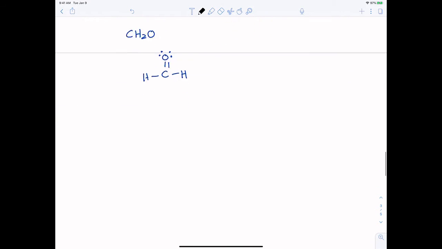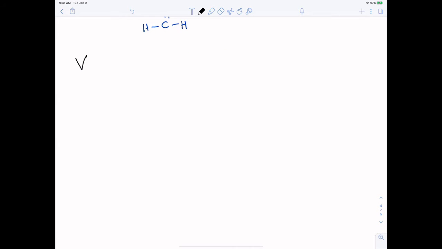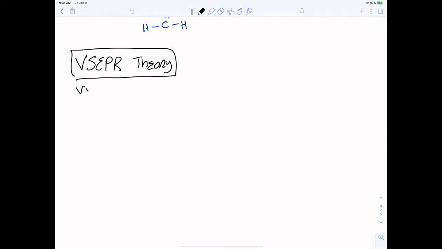So let's talk about that shape next. So our molecular geometry, we're going to use VSEPR theory. So this is an acronym. It's valence shell, electron pair repulsion. So all capitalized, VSEPR theory. So valence shell, electron pair repulsion.